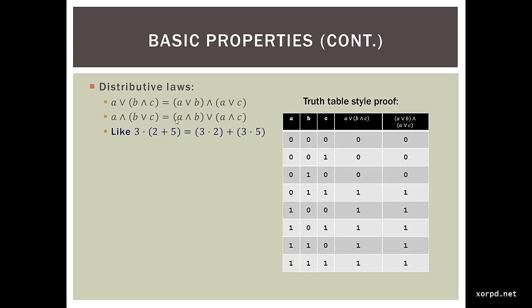This one might be a bit harder to believe. That's why I added a truth table style proof here, which we can check and make sure that the distributive law actually works. So here we basically check the first one, this equation.